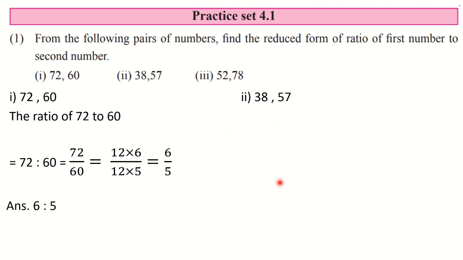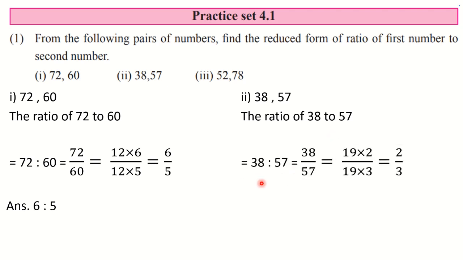So let us write down the ratio of 38 to 57, that is 38 upon 57, and then express 19 2s are 38 and 19 3s are 57. So you can cancel the common multiple 19 from both the places, and your answer is what? 2 upon 3. Don't forget to write down the final answer, that is 2 is to 3. Copy it down.